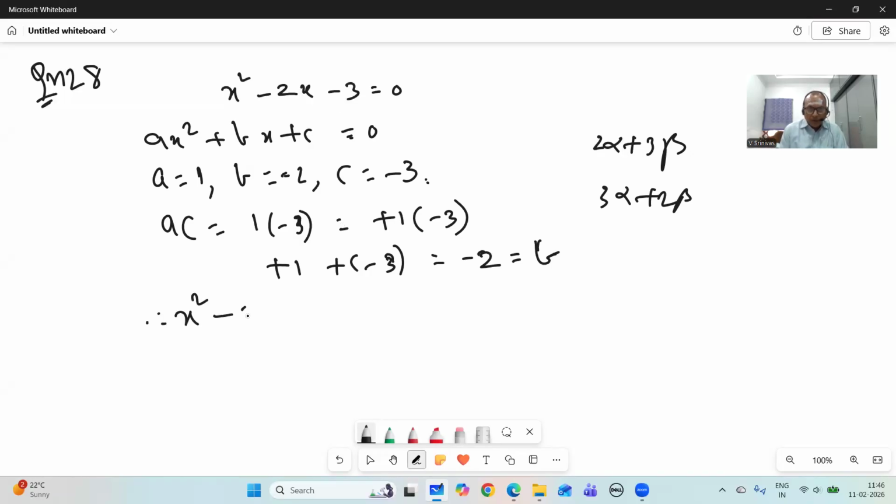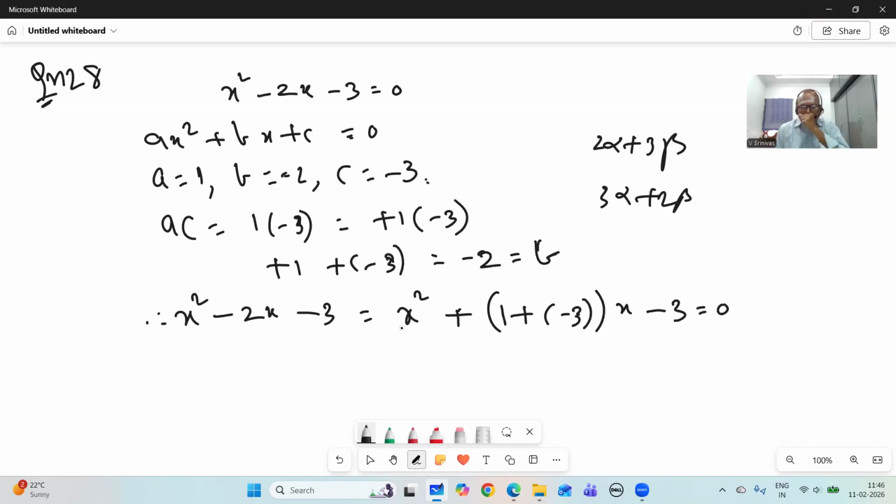Therefore, x square minus 2x minus 3 is equal to x square minus, for minus 2 we are writing 1 plus minus 3, into x, minus 3 equal to 0. I have written minus 2 as 1 plus minus 3, since 1 plus minus 3 is minus 2.